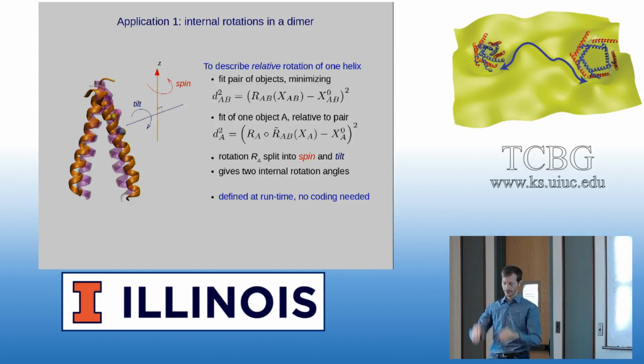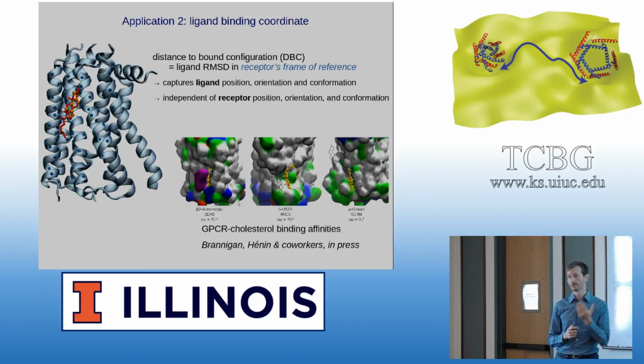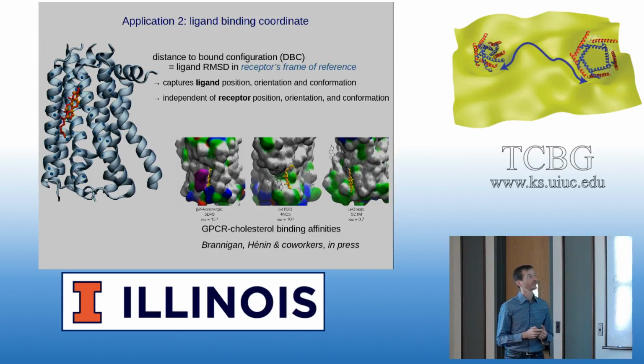But another example is actually RMSD based. It's a more recent example. It's one way to determine the deviation of the ligand from a given binding pose in a binding site. We call that distance to bound configuration, DBC. And it's the RMSD of ligand coordinates computed in the receptor's frame of reference.